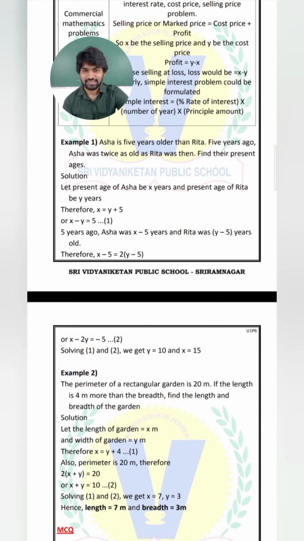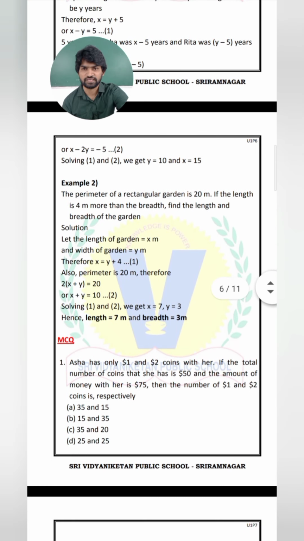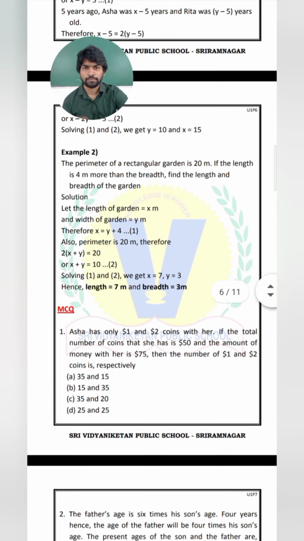Let us see the next one. Example 2 is given here. Perimeter of a rectangular garden is 20 meter. What is the formula for the perimeter of a rectangle? It is 2 into L plus B. Here assume L as x and B as y.